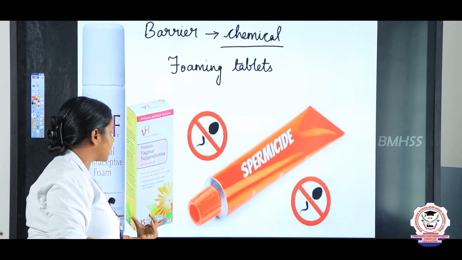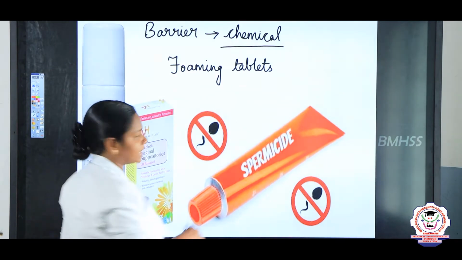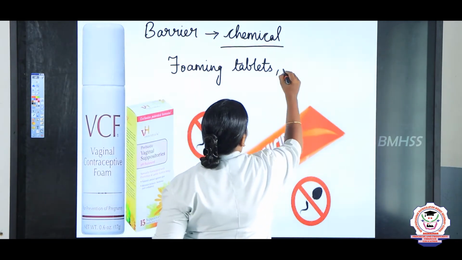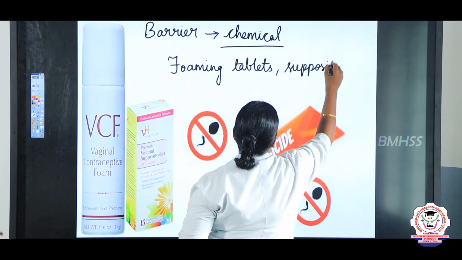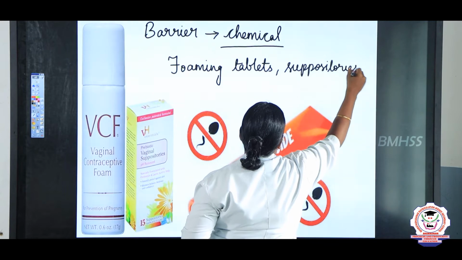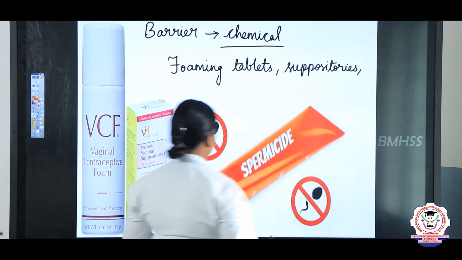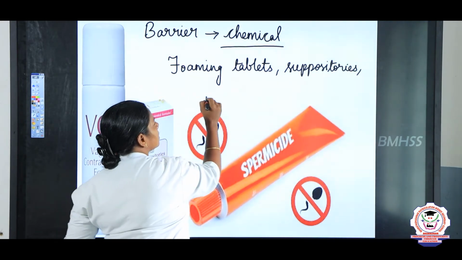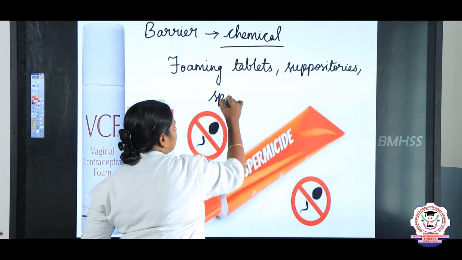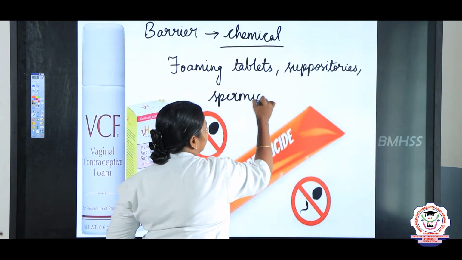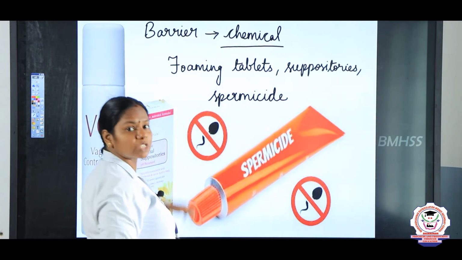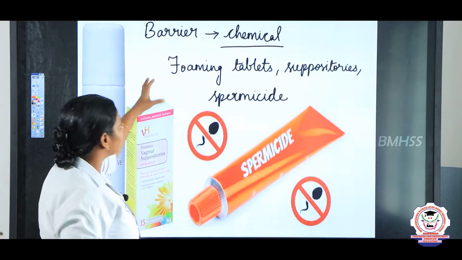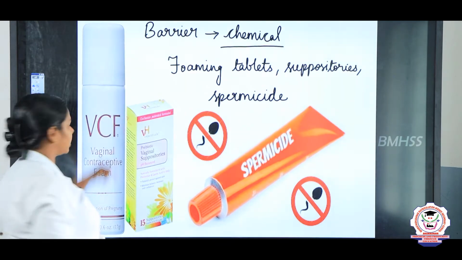Another one is vaginal suppositories, and then creams, that is spermicides. Spermicides can be applied so that the fertility and the motility of the sperms will be arrested. So these are all the chemical barriers.